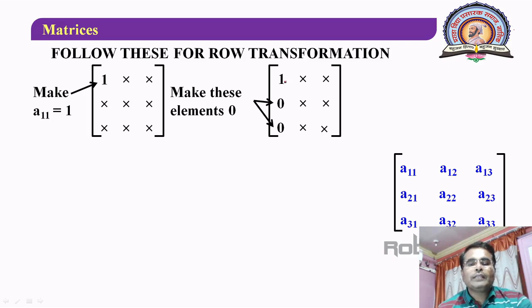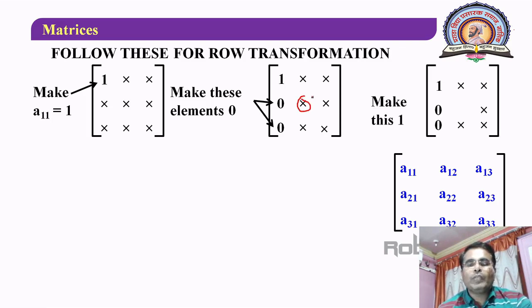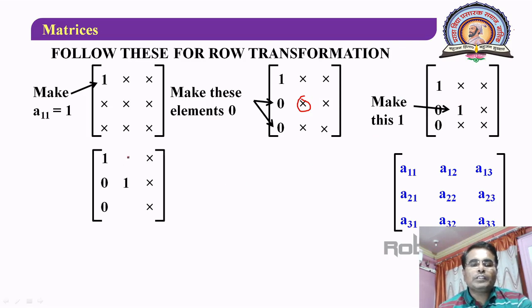Then in the next step, make this element 1. Then in the next step, reduce the elements above and below the leading 1 to 0. We have already this situation, so make this and this element 0.